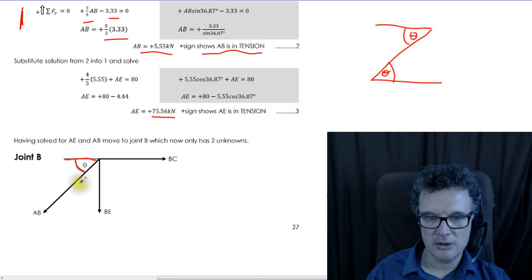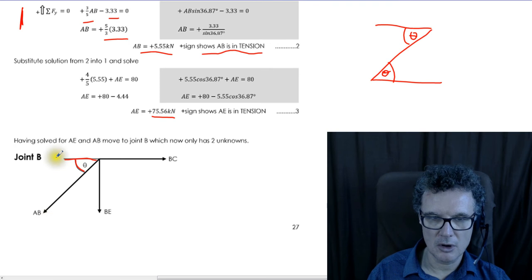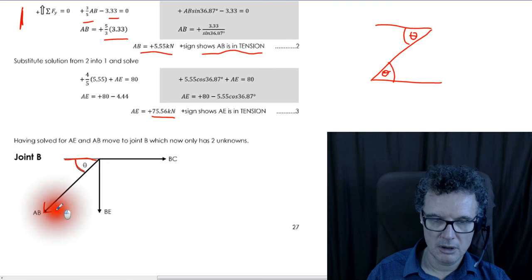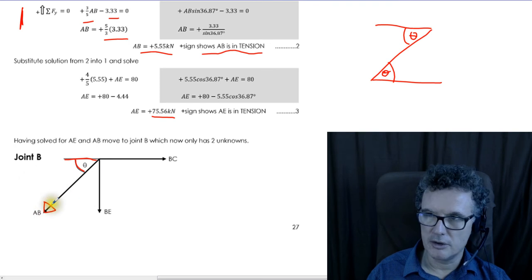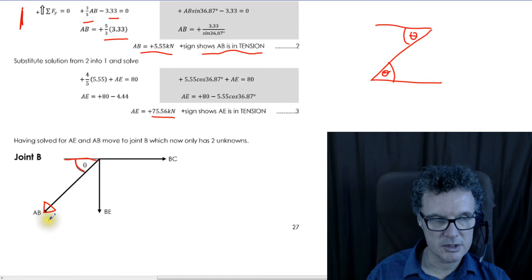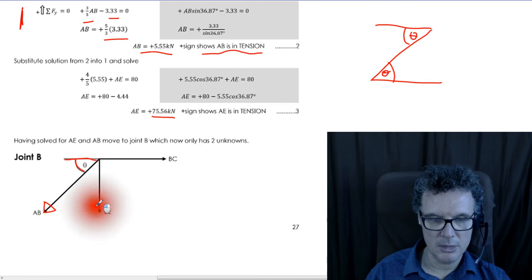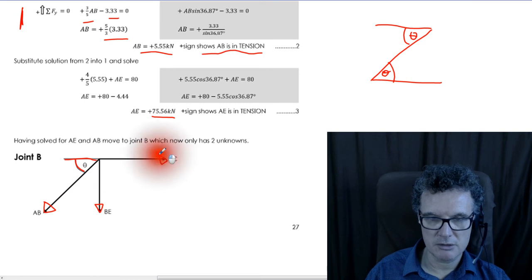And then I draw any forces I can see. I've got a horizontal construction line there, and we've got AB going off in this direction. So notice we've just flipped AB. It's the same AB value, just flipped in the opposite direction. We've got BE going in this direction and BC going in this direction.